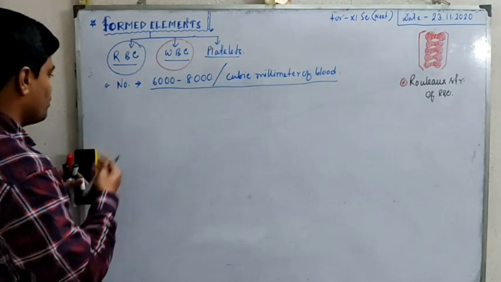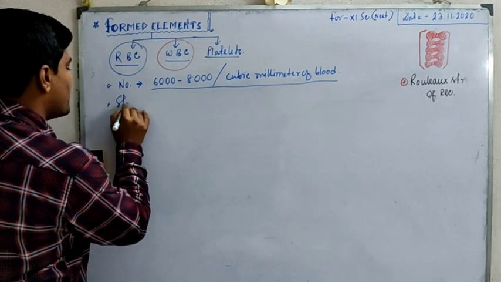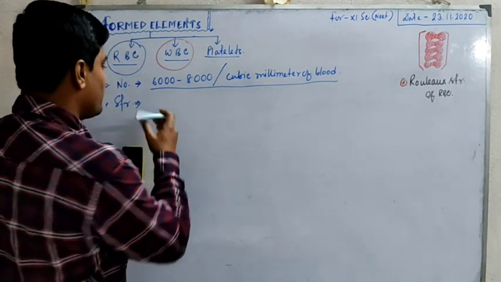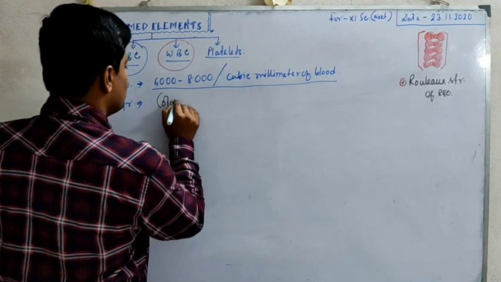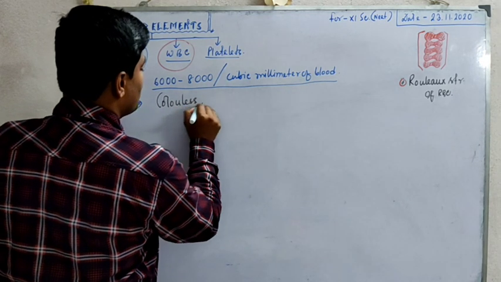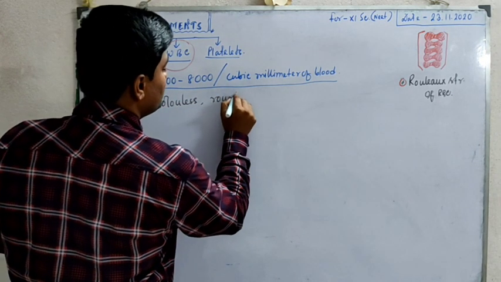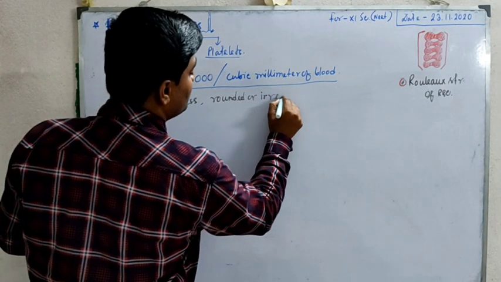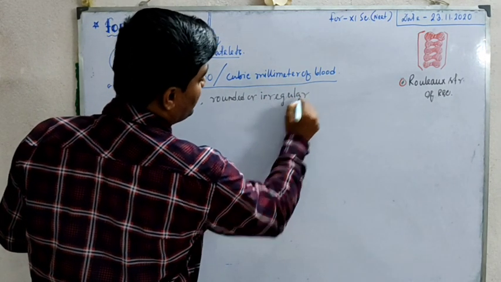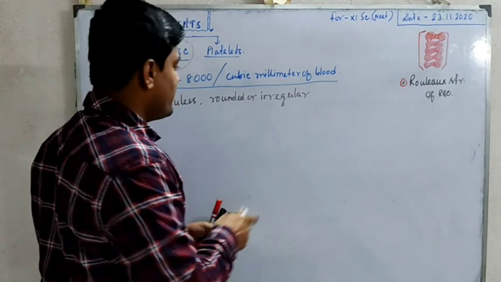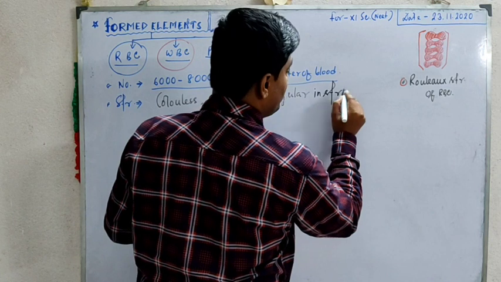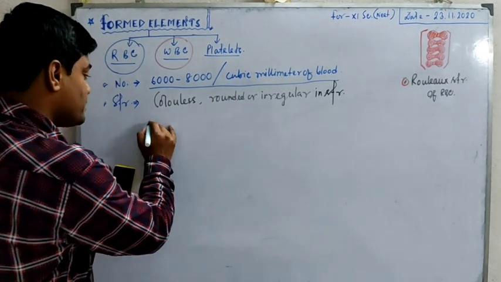Their structure: they are colorless, rounded or irregular in structure, but nucleated.